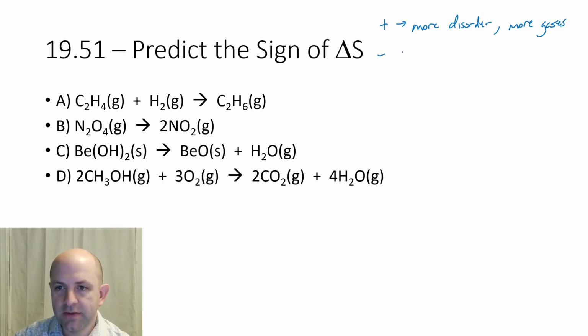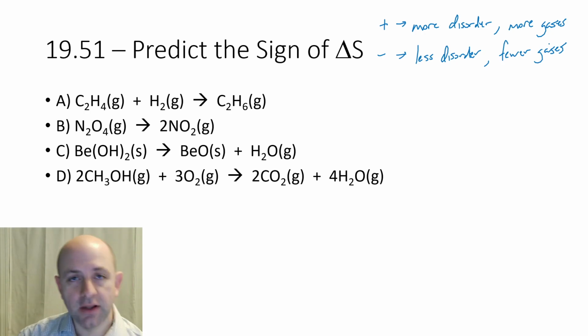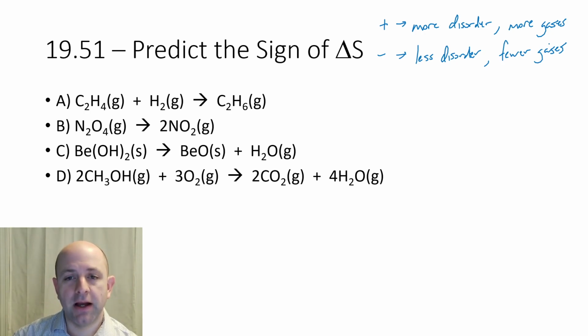And if we get a negative delta S, that means we have less disorder, which means there are fewer gases. So when we look at reactions, a lot of times we can predict whether it's going to be a positive or a negative number without doing any math other than counting the number of gases that we see.